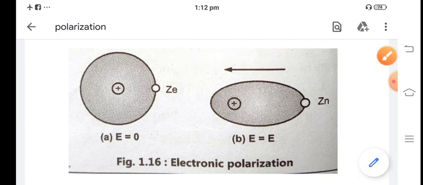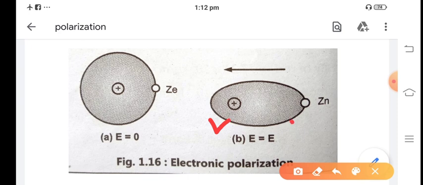So this figure shows the electronic polarization. Here the displacement of the ions is less than the dimensions of the atom.